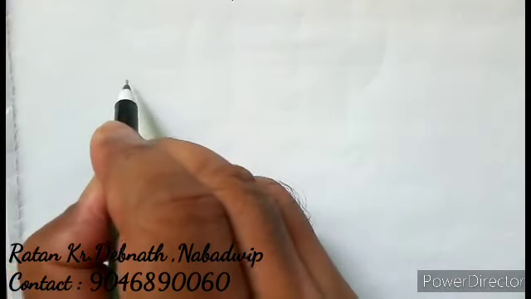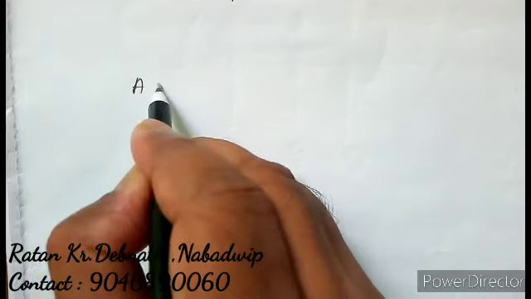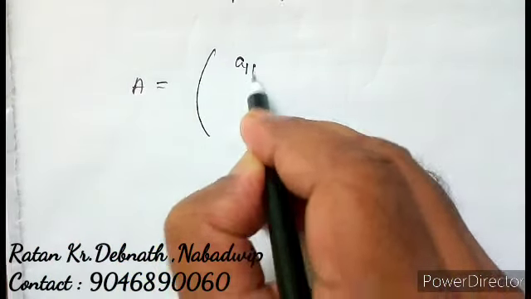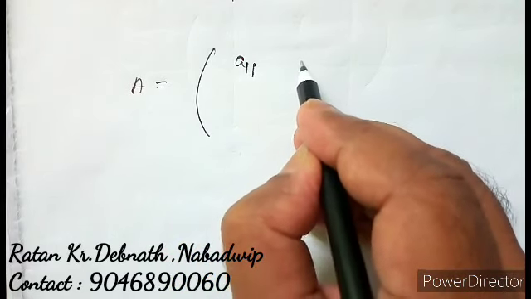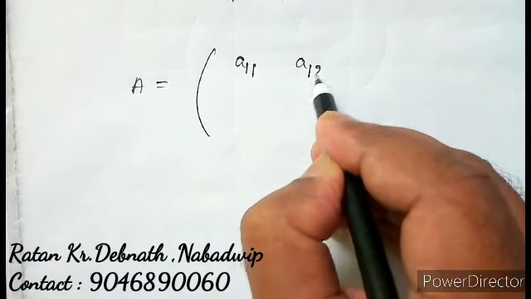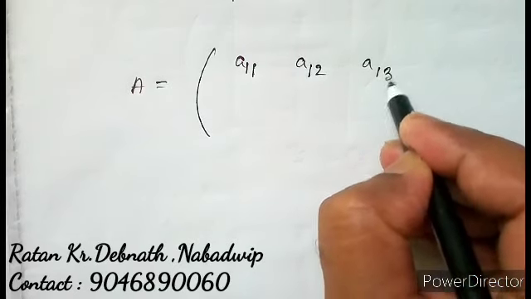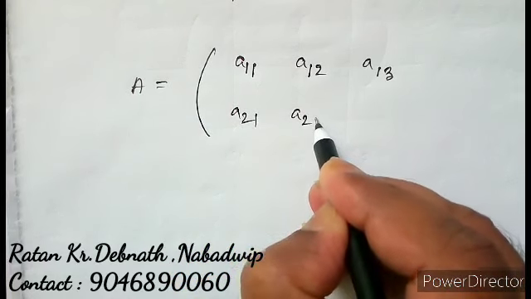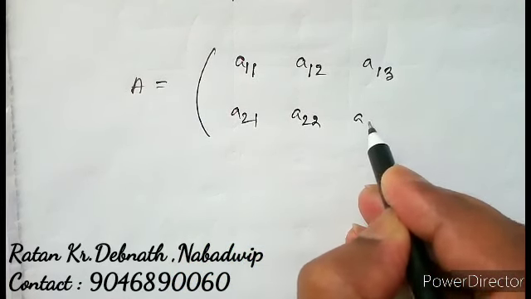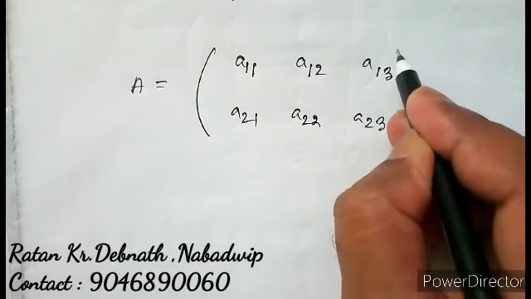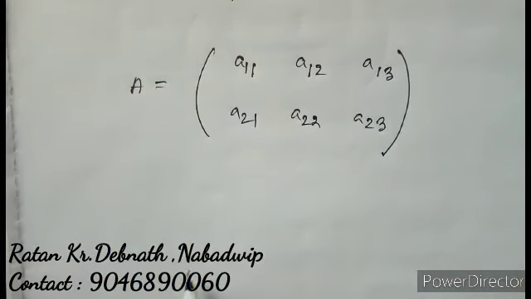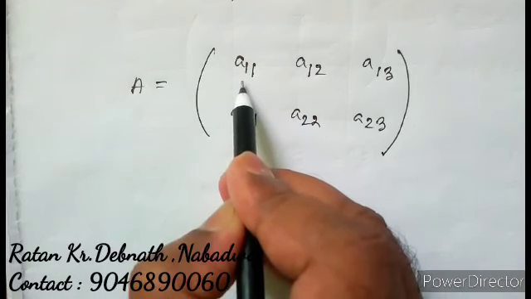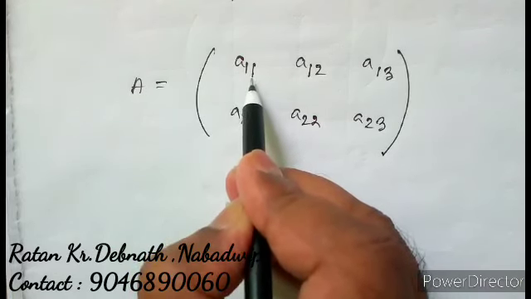Sometimes you may see a matrix written in the form A11, A12, A13, A21, A22, A23. What does it mean? The first number of the suffix indicates the row and the second number indicates the column.